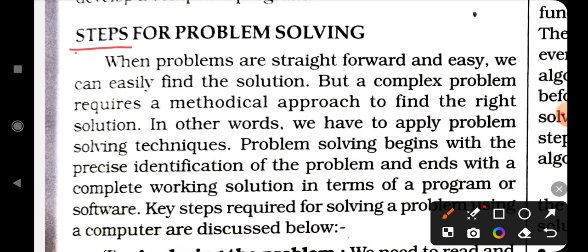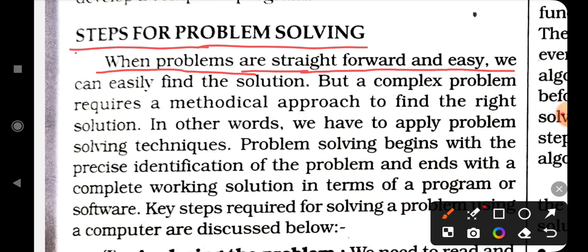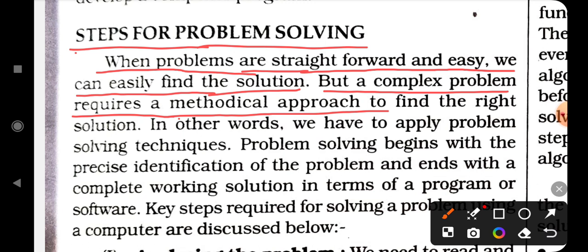Steps for problem solving. When problems are straightforward and easy, we can easily find the solution. But a complex problem requires a methodical approach to find the right solution.